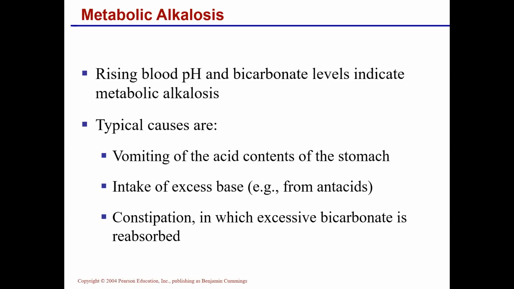So basically, we're talking about acidosis and alkalosis. For acidosis, it can be respiratory acidosis or metabolic acidosis. For alkalosis, same thing. It can be respiratory-related alkalosis, and it can be metabolic-related alkalosis.